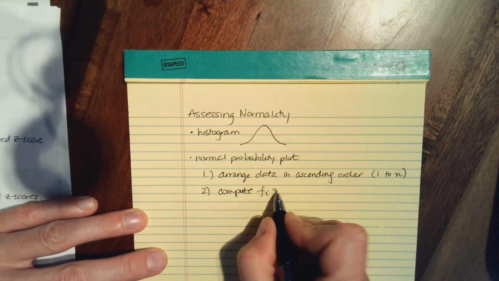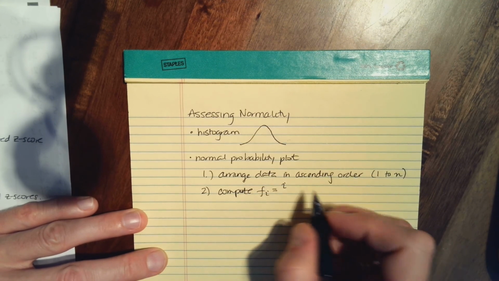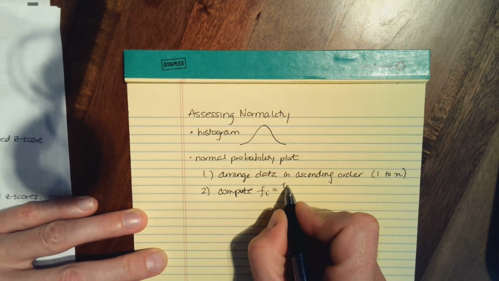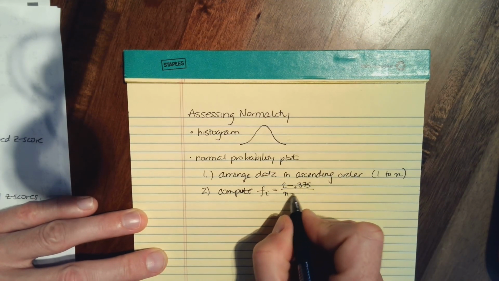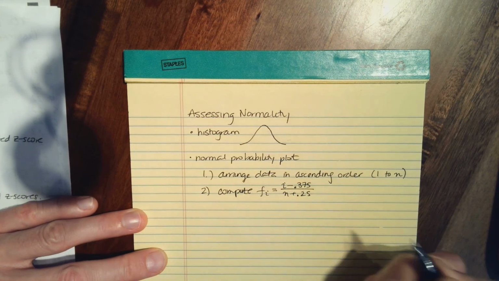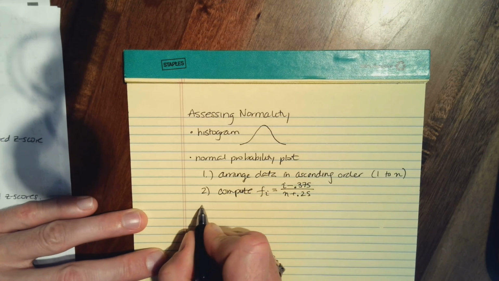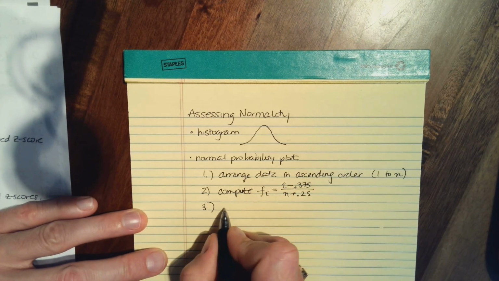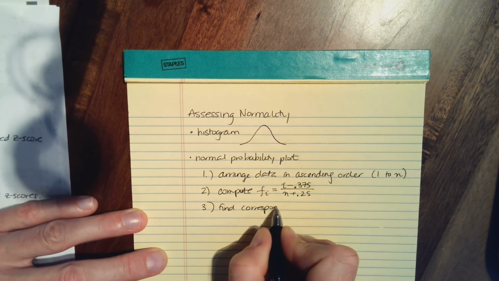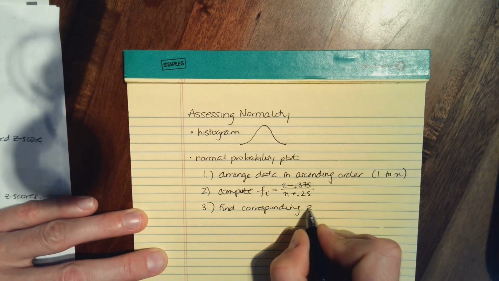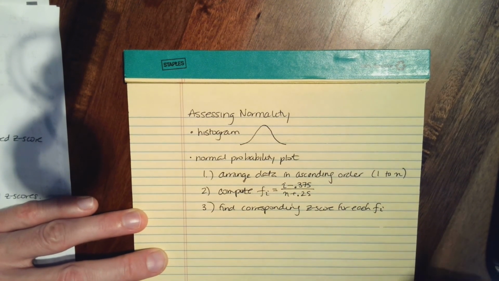There's a formula for this where we take i, which is our index number, so for each number 1 through n we'll have to do this. We take the index number and subtract 0.375 and divide by n plus 0.25. And then for each of these values, we'll find the corresponding z-score for each f sub i.